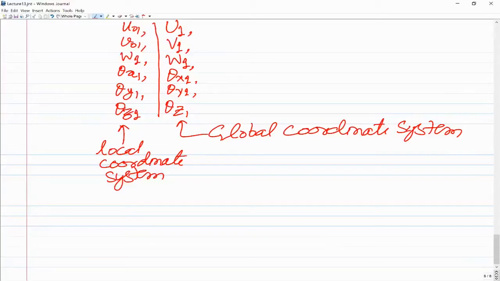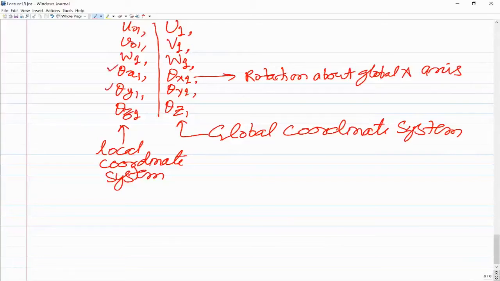So this theta X1 is the rotation about global x-axis, and of course at node 1. In the local system, theta small x is the rotation about positive y-axis, and theta small y1 is the rotation about negative x-axis at node 1. But for the global degrees of freedom, I am using this notation.